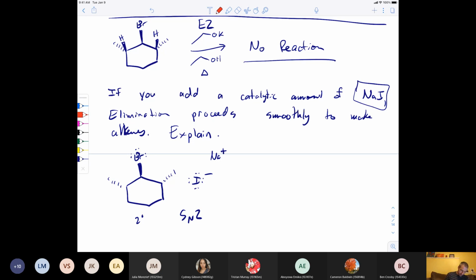And if it does, you get this. You get inversion of that stereocenter. The other ones are the same as before.